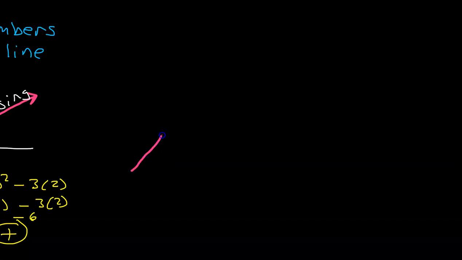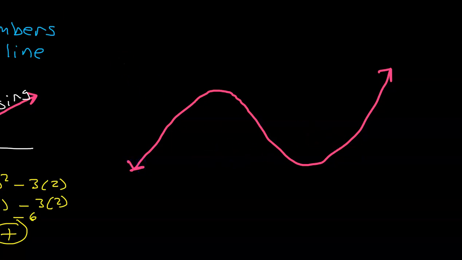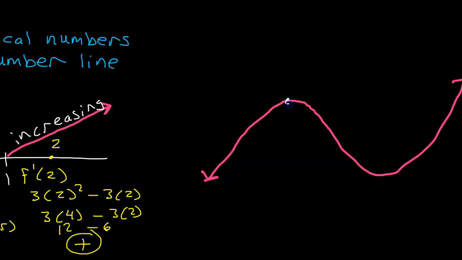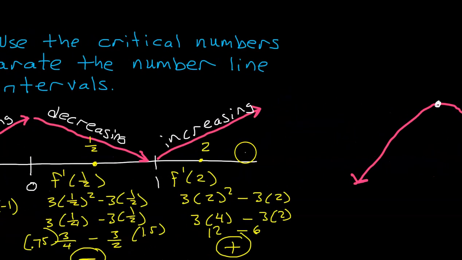So we know the graph is going to be doing something like this: increasing and then decreasing and then increasing again. And we also know the x values where the changes happen, okay, because of the critical numbers.